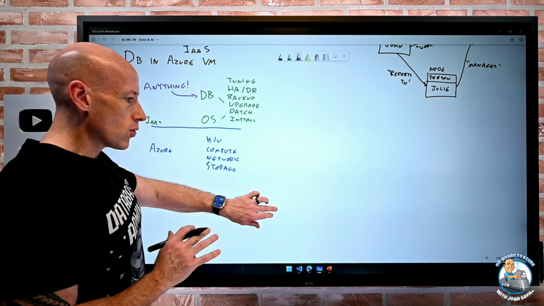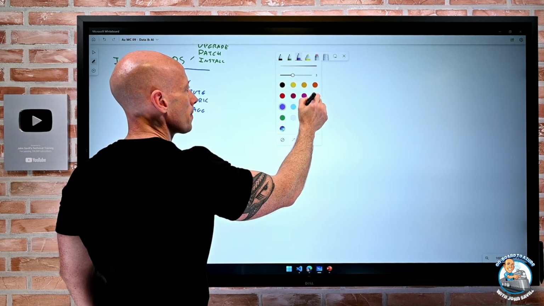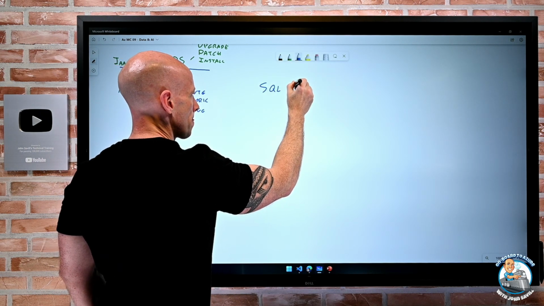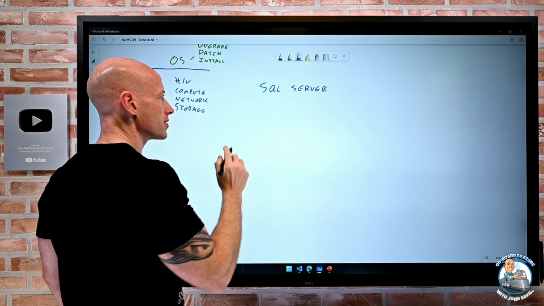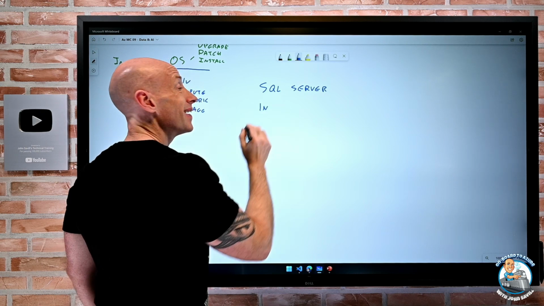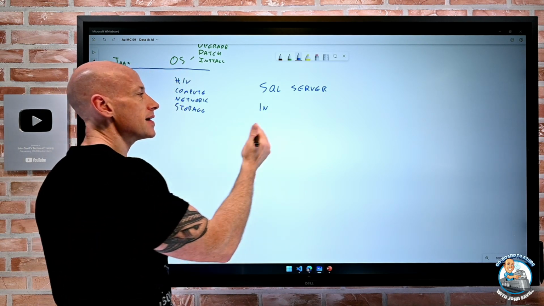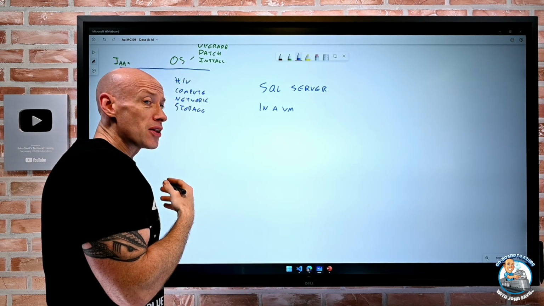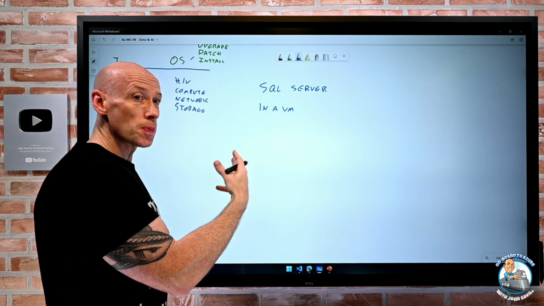So let's look at SQL Server as our first example. I can have it available in Azure in many different ways. The most basic one for us to understand is SQL in a VM. It's probably not the simplest one. The simplest one is where it's just offered and managed for the most part for us.